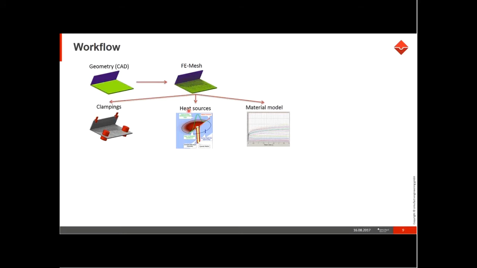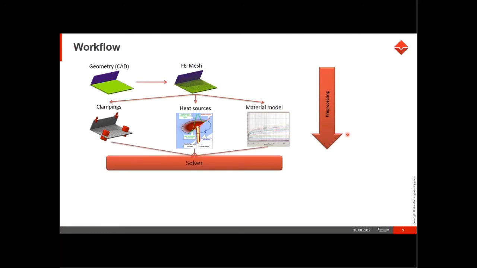We then also add the heat source, and we also take care of a certain material model. Simufact Welding comes with a default set of materials. We have a library of about 30 materials that are already available, and the user is also allowed to define their own material. This all is called the pre-processing, which can be accomplished in our GUI.